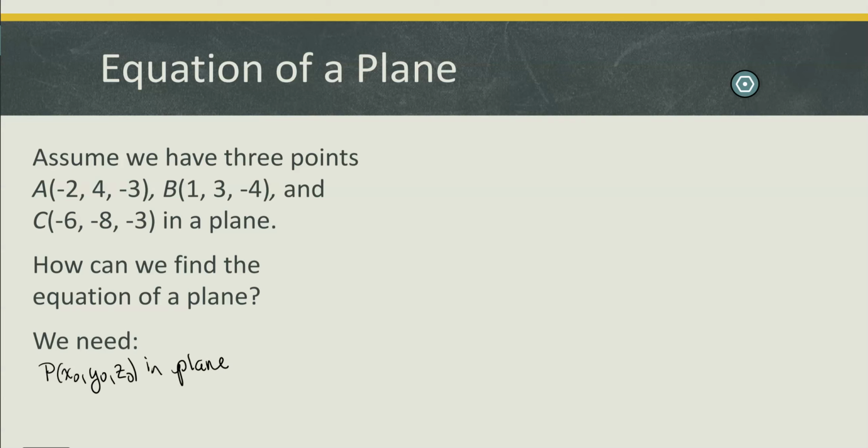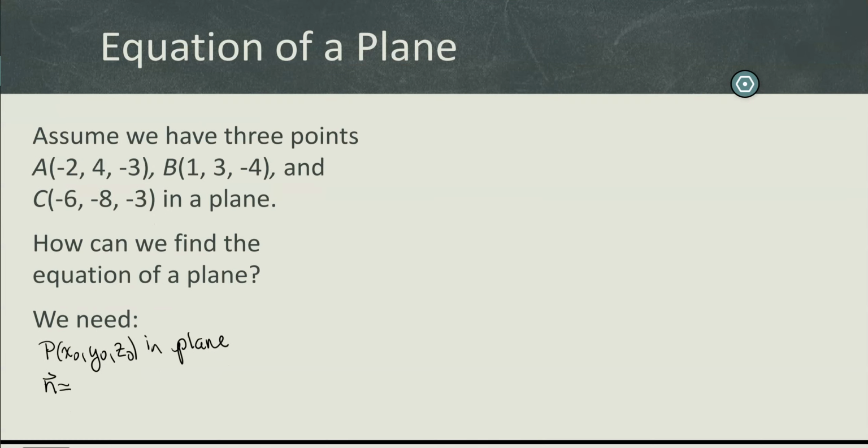I've been given 3 points that lie in the plane, so I could use A or B or C. We'll make that decision in a moment. The second thing I need is a normal vector. I need a vector normal to the plane that those 3 points lie in. So let's begin by first finding that normal vector.